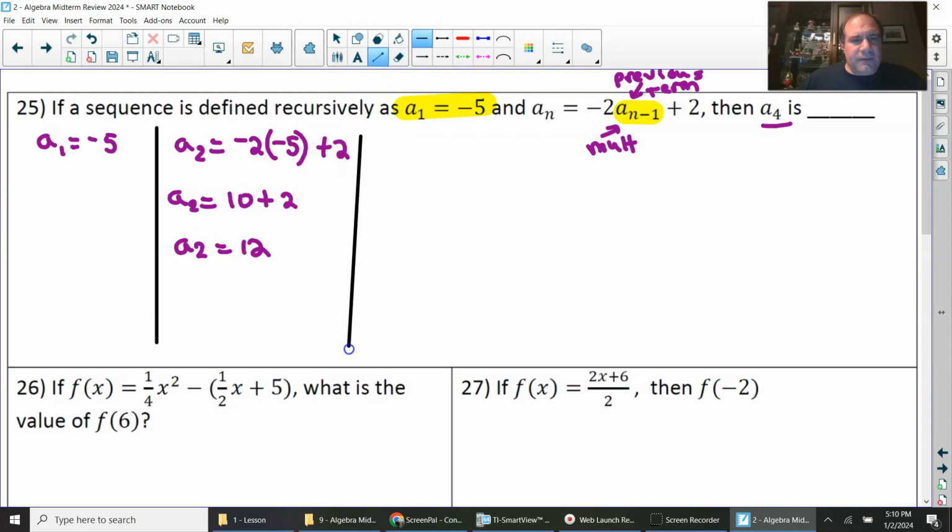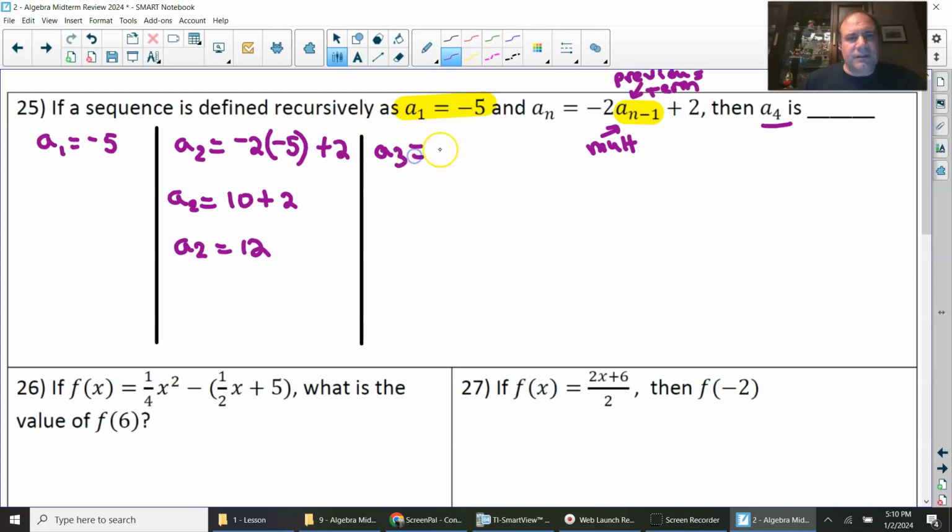We're not done. We have to get to a sub 4. So the next one is a sub 3 equals negative 2, we're using the same formula, times the previous term. That is the previous term. That's 12. And then plus 2. So we have a sub 3 equals negative 24 plus 2, and you should get a sub 3 equals negative 22.